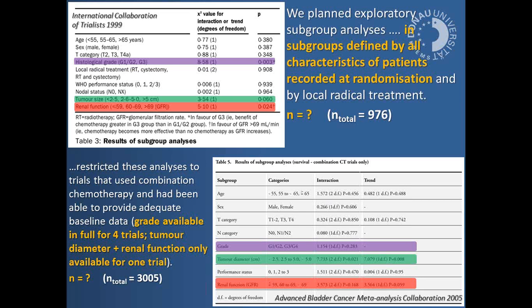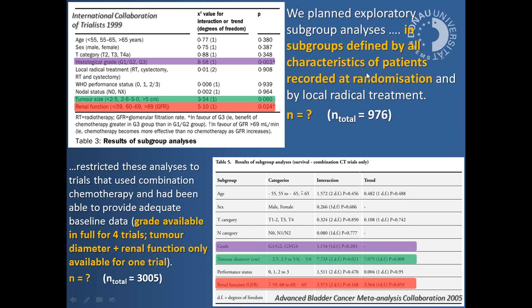This is also an example I had a few months ago. This down here is a Cochrane review on neoadjuvant chemotherapy for muscle-invasive bladder cancer, and this is one of the included studies. This was the biggest included study with nearly 1,000 patients, and the whole systematic review and meta-analysis had 3,000 patients. So they did a test of interaction.